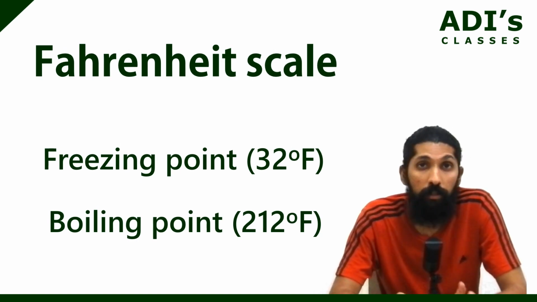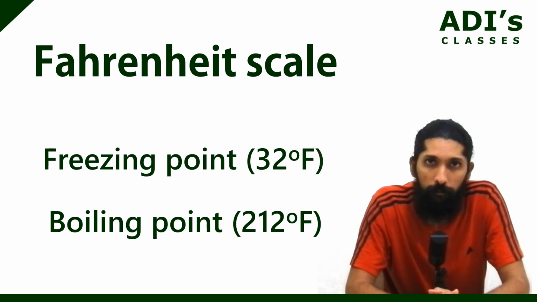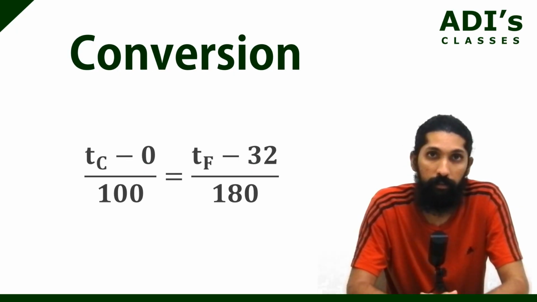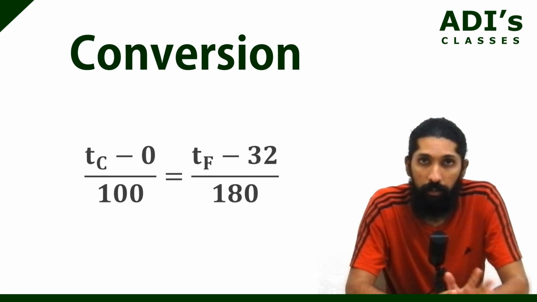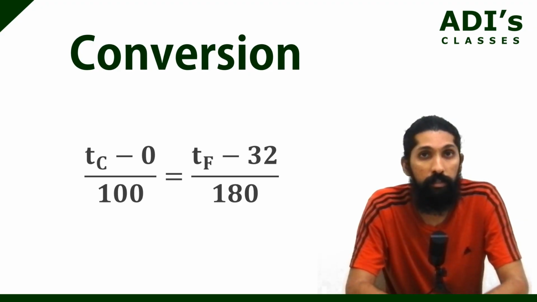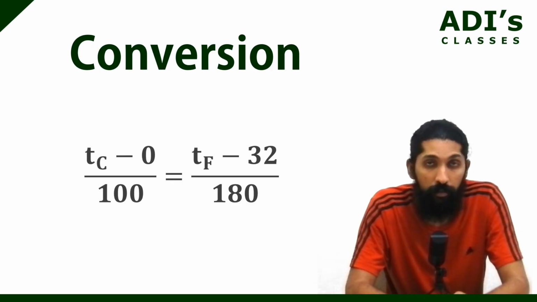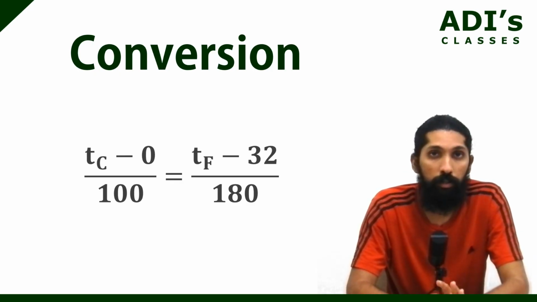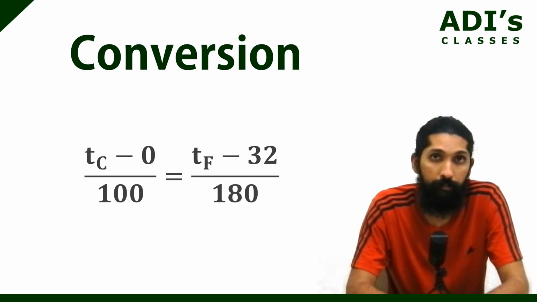This is the Fahrenheit scale. Probably you have seen that we convert degree Celsius to Fahrenheit. The conversion is very simple: (Tc minus 0) divided by 100 is equal to (Tf minus 32) divided by 180. We generally look into this in terms of the number of divisions and the least value.